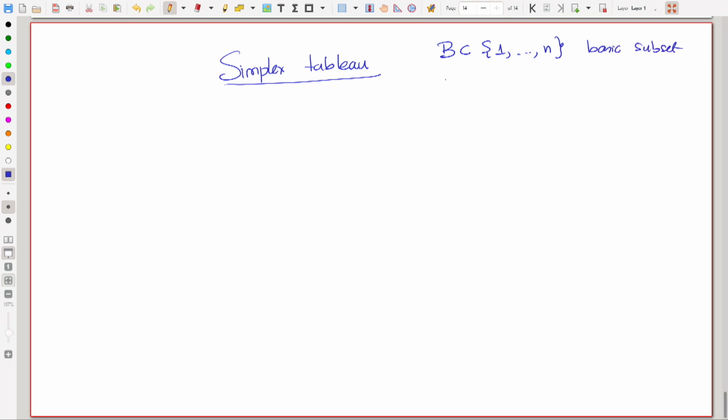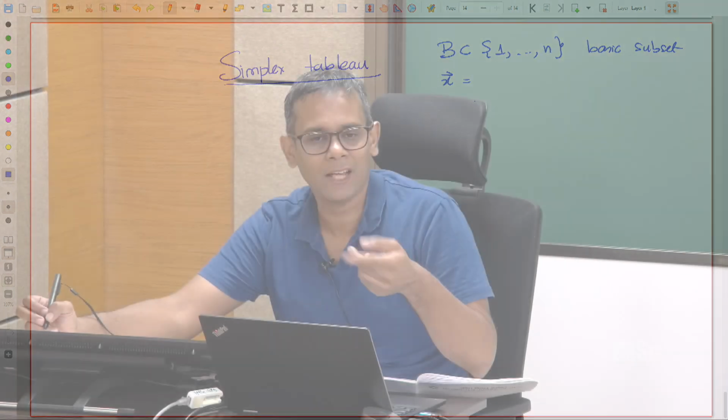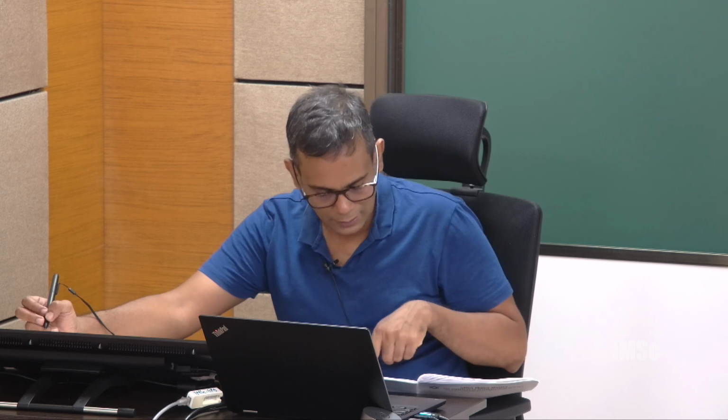There is one more thing I did not mention, which is how do you get started in the simplex method. We had this other example where we are having trouble finding a basic feasible solution. I will also talk about that, but let me just tell you what a general simplex tableau looks like.